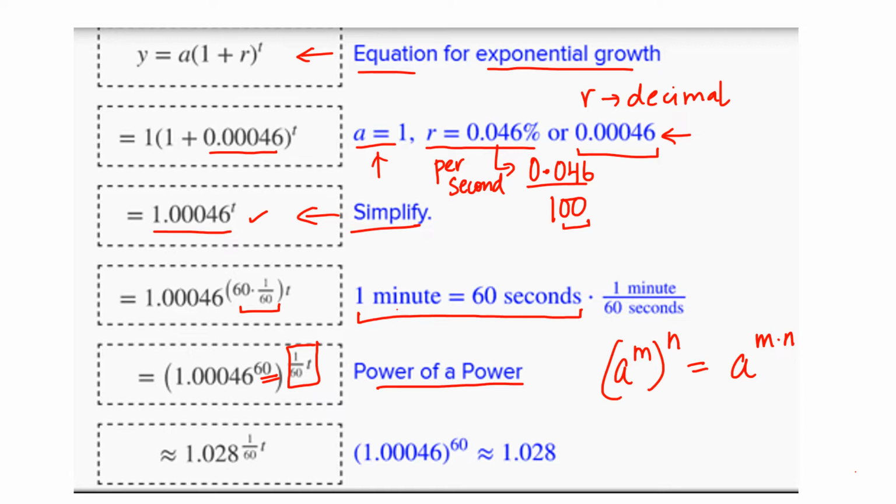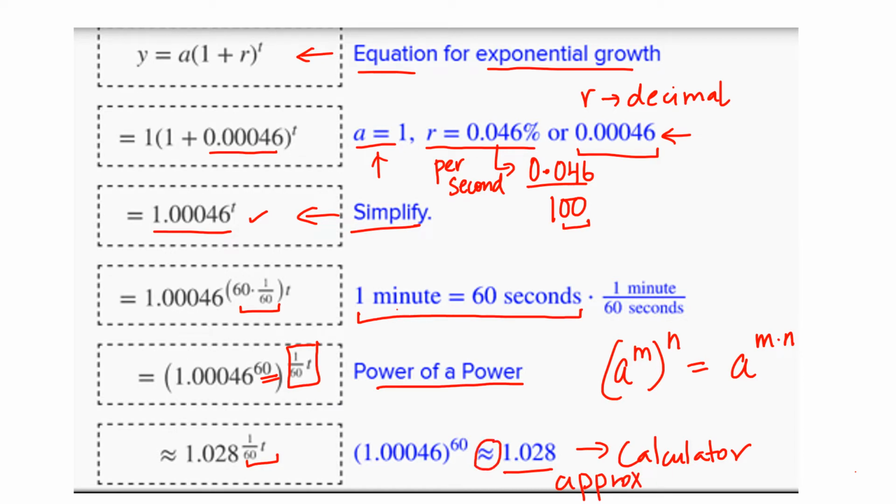Now this outside power will be as it is, it will be here, whereas this inside one, which is 1.0046 to the power 60, is a very big power. So you may use a calculator here, and even after using the calculator, since the power is too big, the value that you get will be an approximate value. So approximately this value comes out to be near about 1.028.